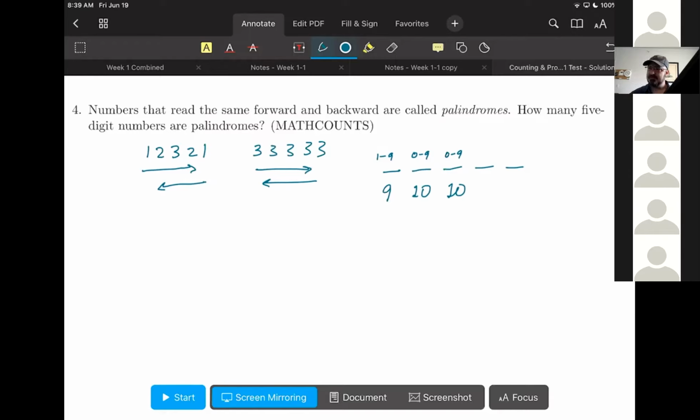So there's only one choice for that, and the same for the last one. Another way to think about it is the number has to be of the form A, B, C, B, A, where there are 9 choices for A, 10 choices for B, and 10 choices for C. If we multiply these together, we get 900.